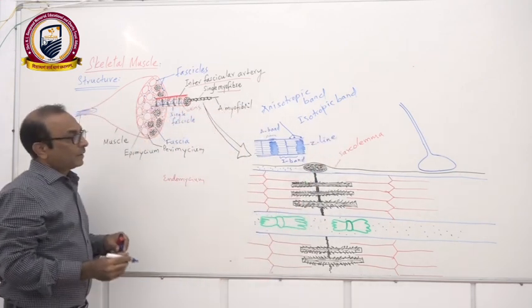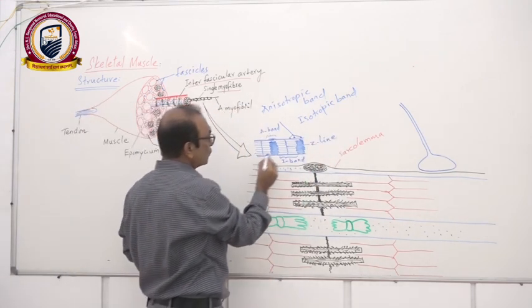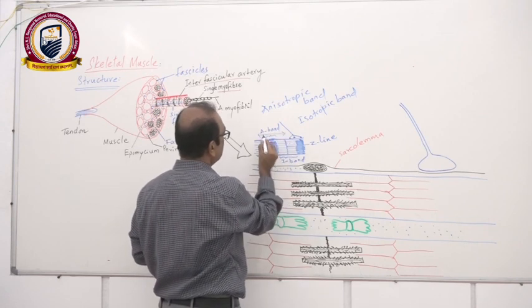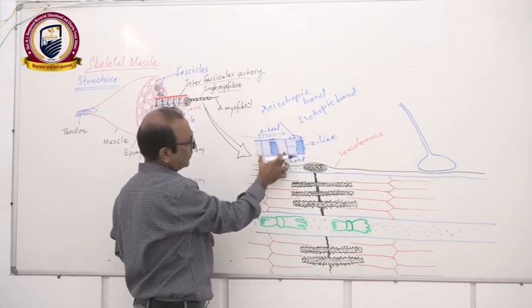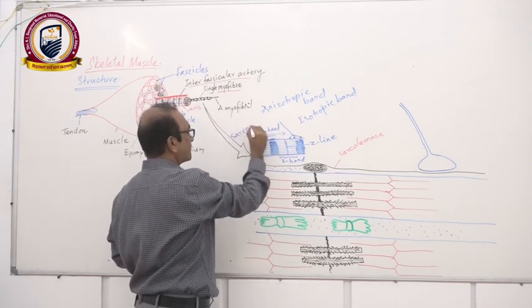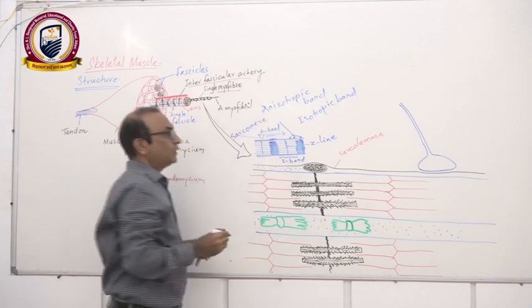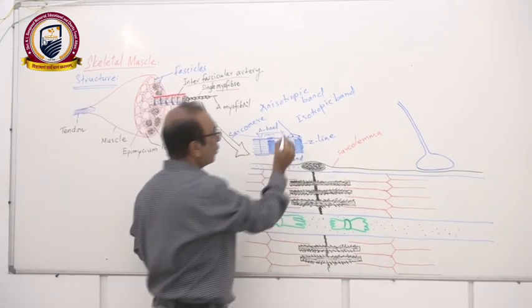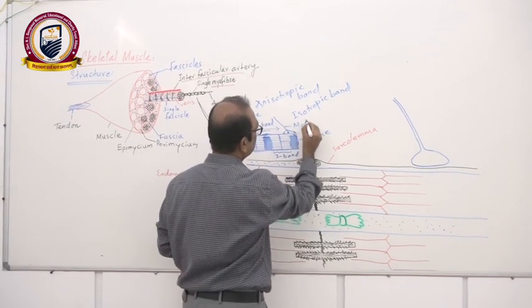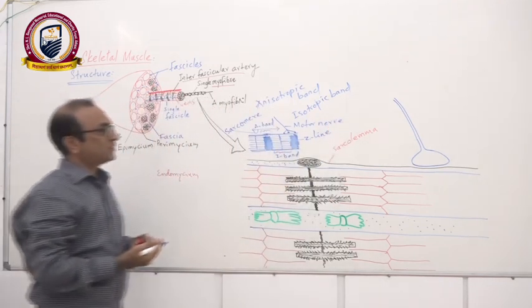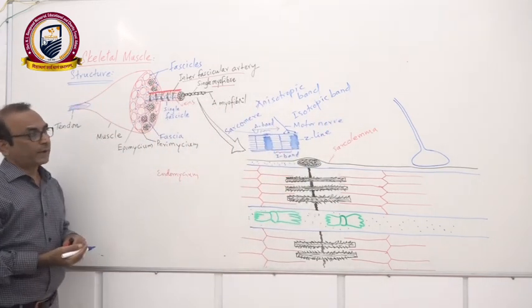Okay? The portion between two Z lines, say from here to here, this portion is taken as one sarcomere. One sarcomere. Okay? And this is the motor nerve, which is ending on the surface of a myofiber.